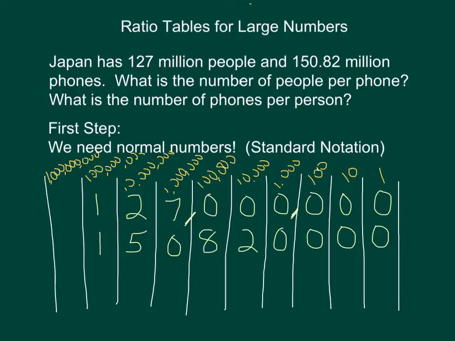Again, I count 3 spaces from the right, put my comma, 3 spaces from the right again, and put my comma. So the numbers really aren't that different from each other. The first one is 127 million. The second number is 150,820,000. Now we can finally solve the problem because we have numbers that can go into our calculator.